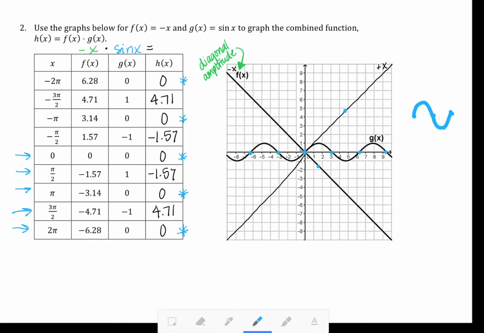Well, I can predict where the next point is going to be. Normally it extends up to the amplitude, but our amplitude is the line y equals negative x. So that means it goes all the way down here. So let's run back through. We started at our midline, go to the amplitude, come back to our midline, go to the amplitude, come back to our midline, go to the amplitude, come back to our midline.